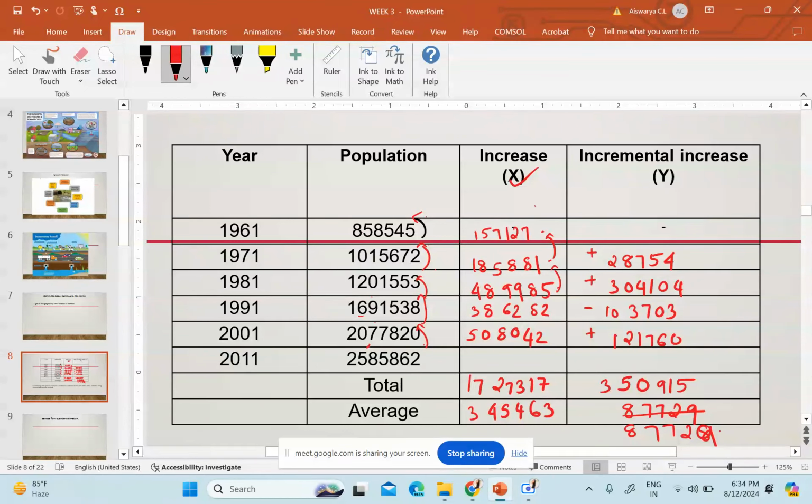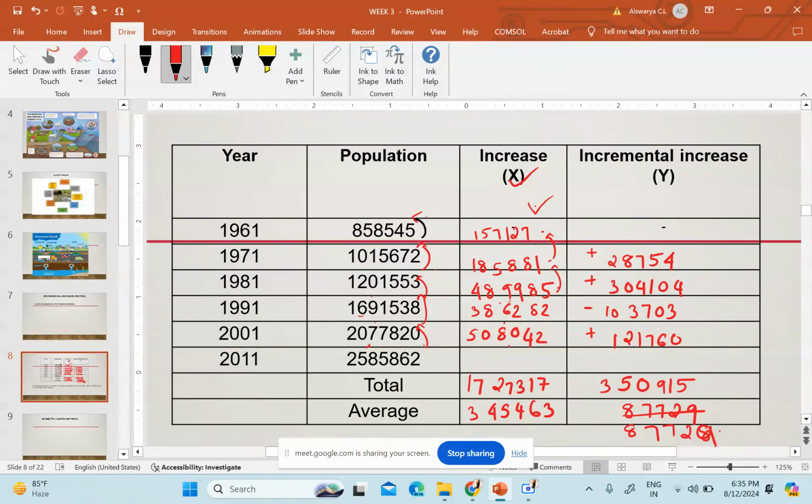Or it can decrease in the same period. In the first examples I think everything was increasing. Here you see that it is increasing till here, then it started decreasing, and again it increased.